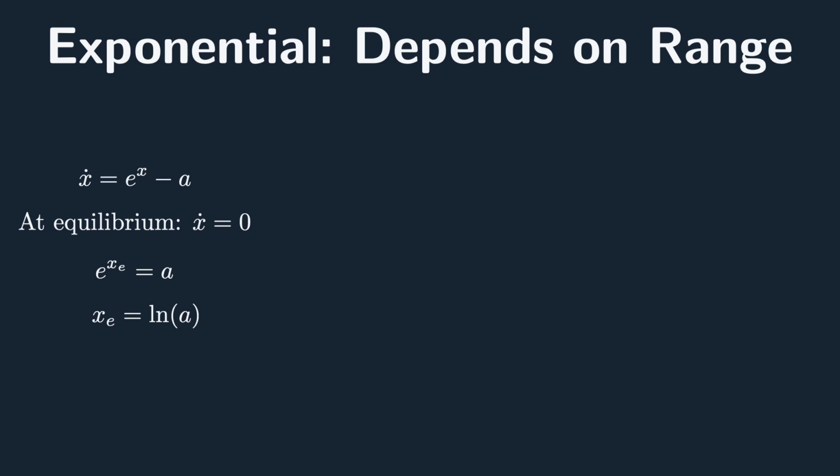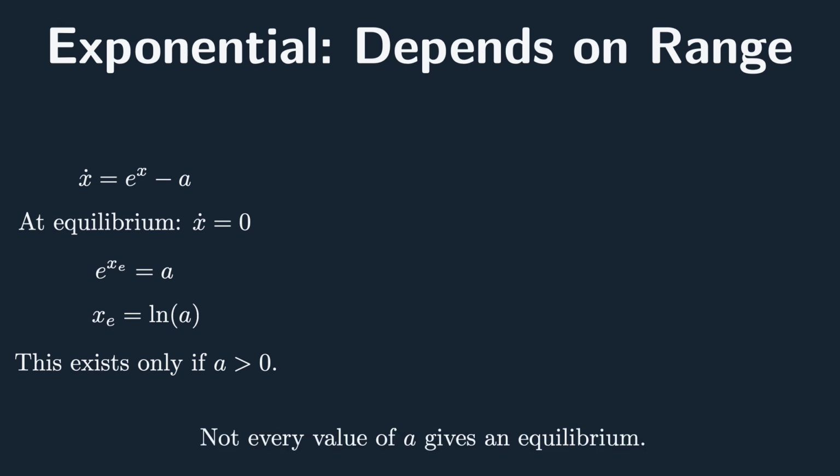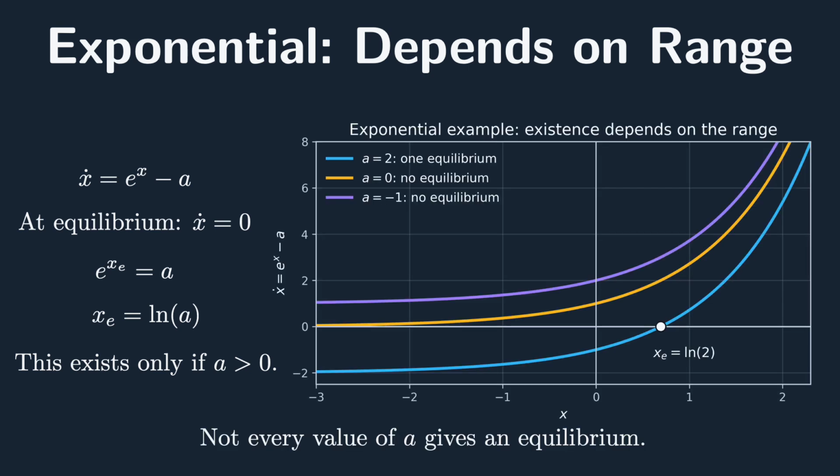But this only makes sense if a is positive, because e to the x is always positive. So if a is greater than 0, there is one equilibrium point. If a is less than or equal to 0, there is no finite equilibrium point. The graph shows the same idea visually. When a is positive, the curve e to the x minus a crosses the horizontal axis once.